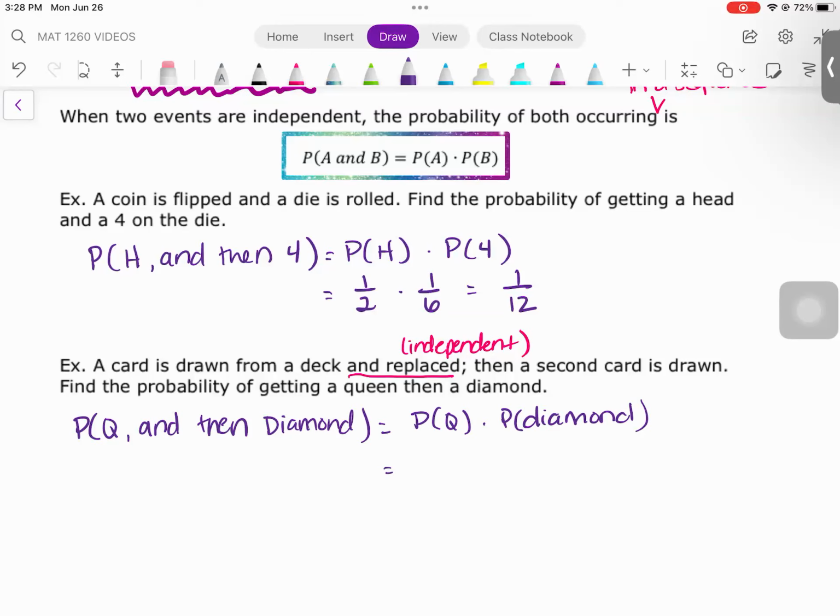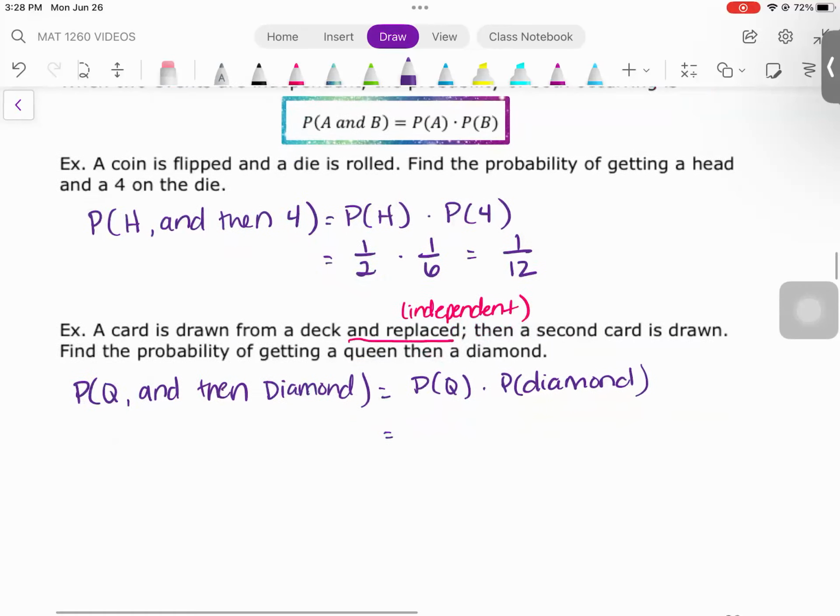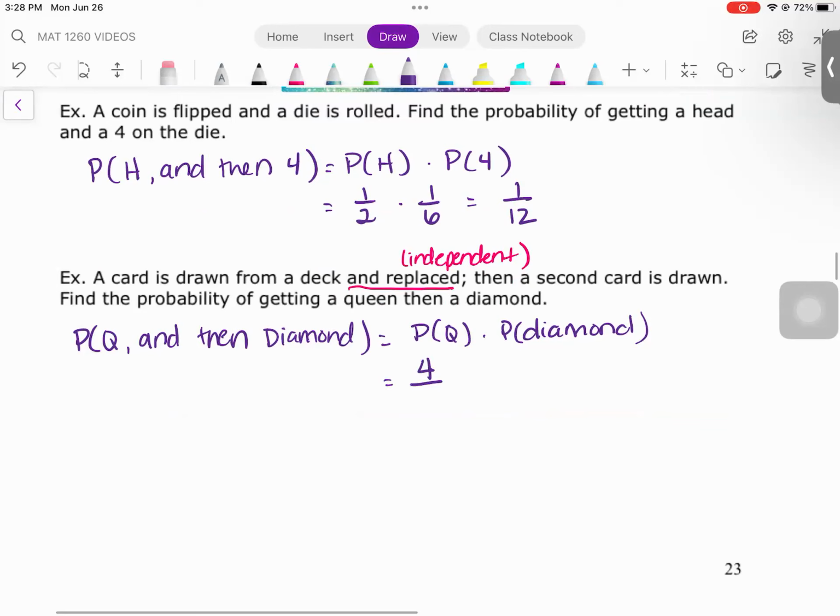Now we haven't worked with the deck of cards in a little bit, so just to recap, there are 4 queens, 1 for each suit in a deck, and our standard deck is 52 cards. Anytime we're dealing with an example that is drawing a card, we're going to assume that it's a standard deck of cards, so no jokers, just our 4 suits, 52 cards. The probability of a diamond is 1 entire suit.